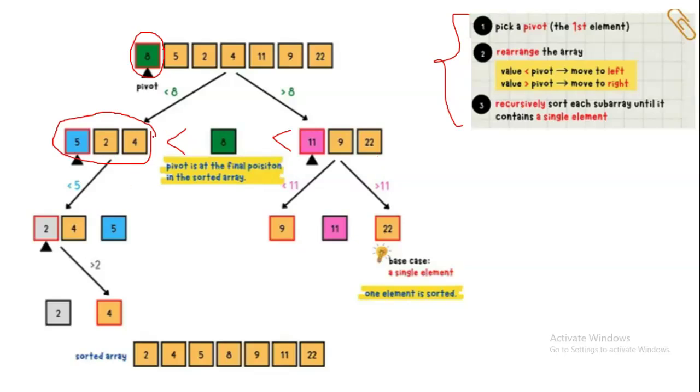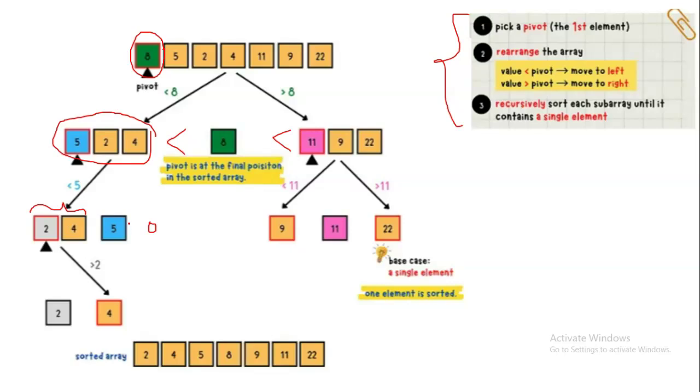Now after this we are recursively calling quicksort for the left side subarray. From this subarray, we are picking the first element as the pivot element. With respect to this element, we are partitioning the given array. After partitioning, the left side will contain 2 elements and the right side will contain 0 elements.